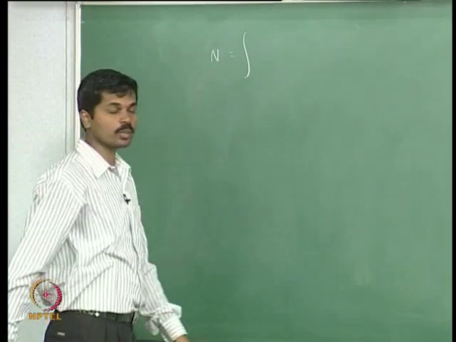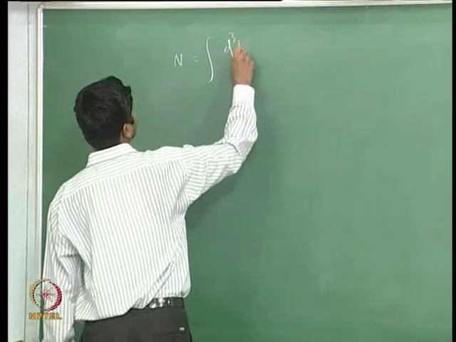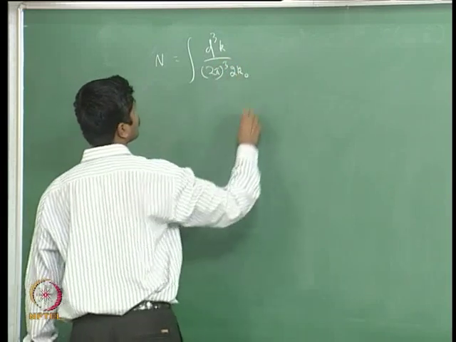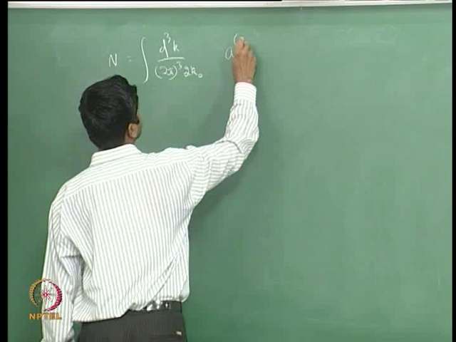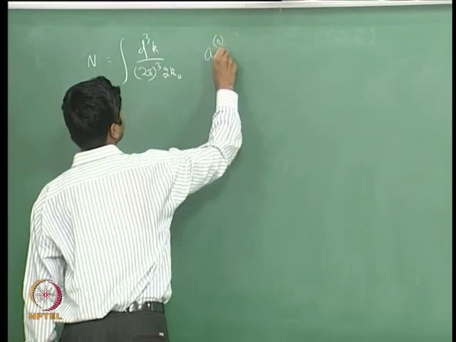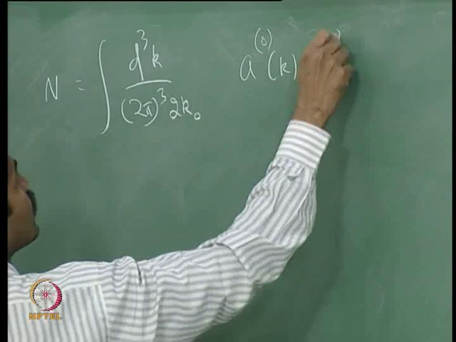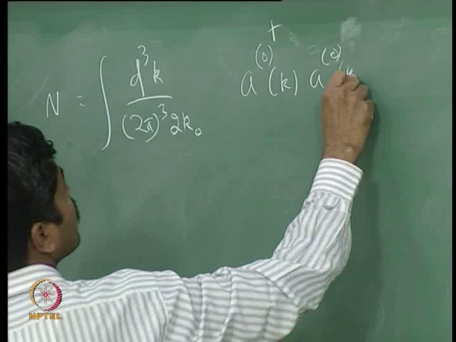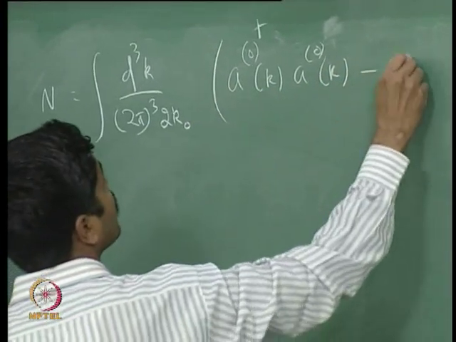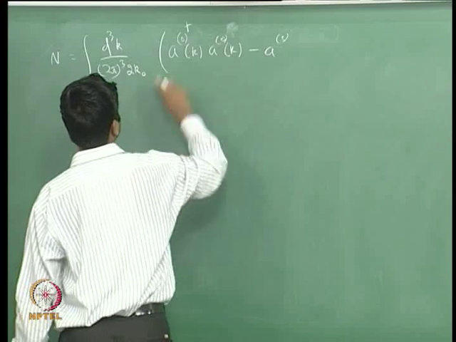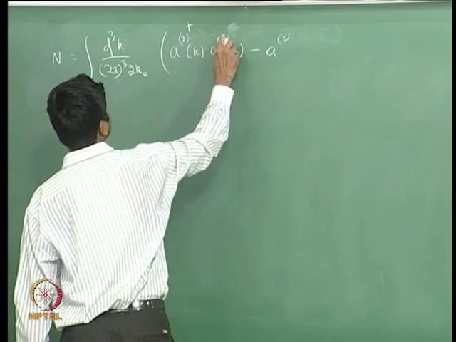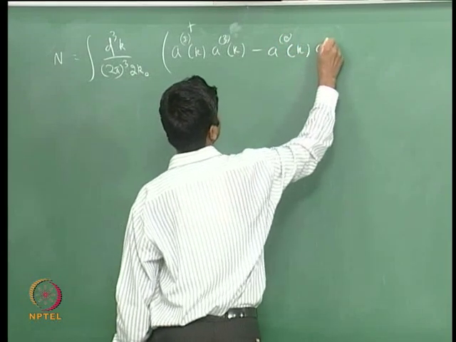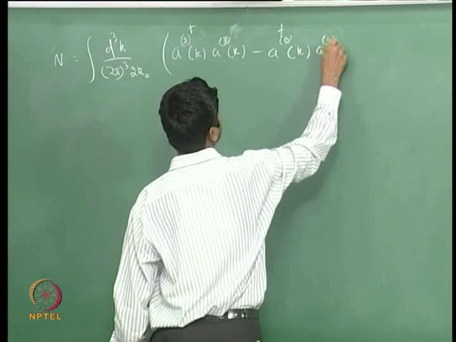You can show that the number operator is simply the integral of d cube q over 2 pi cube 2 k 0, a3 dagger k a3 k minus a0 dagger k a0 k.